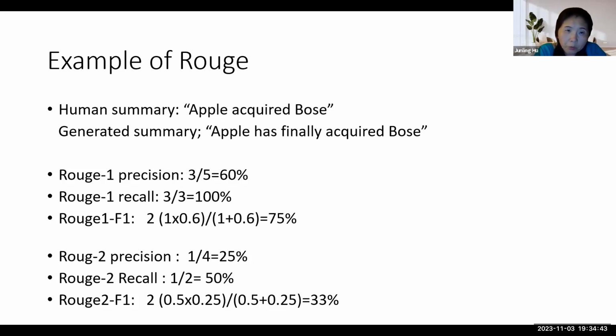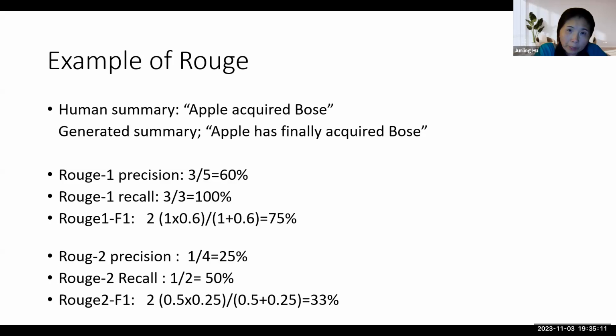And similarly, you can do ROUGE-2. ROUGE-2 is the bigram. So here we have Apple acquired, that's a bigram, and then acquired both, that's another bigram. Only one bigram appears in the generated summary, the machine summary. So that is divided by the 2 bigrams in the ground truth.